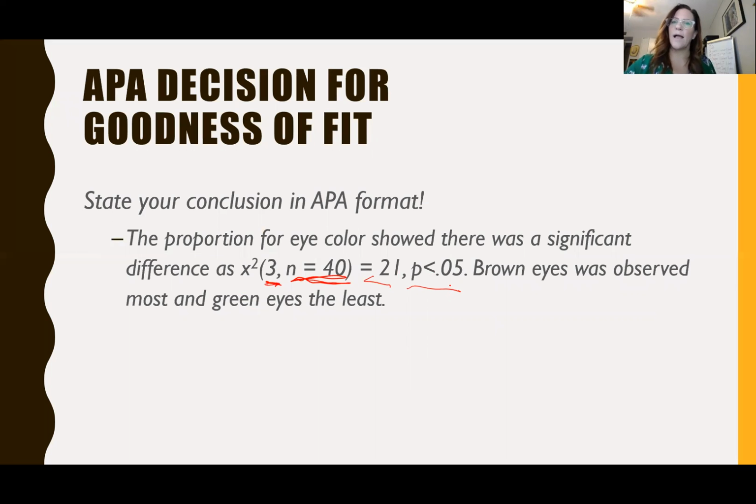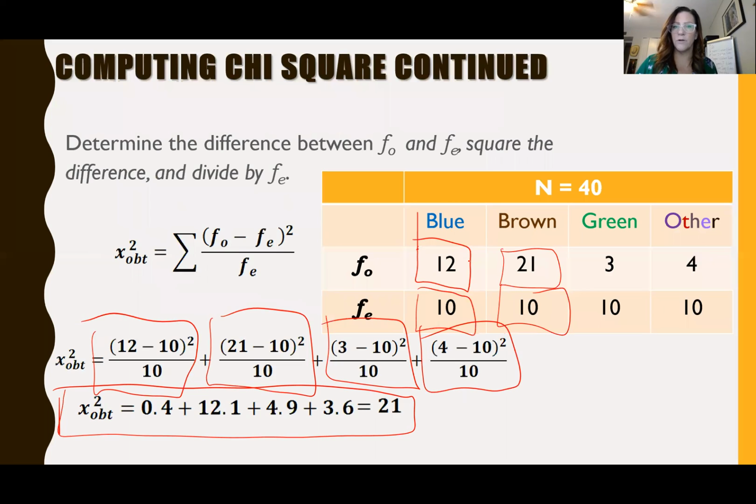This is where I add a little follow-up sentence. Instead of calculating an effect size, I just say what was going on. If you look back at blue eyes, brown eyes, green eyes, other, you could see that brown eyes were observed the most, 21, and green eyes were observed the least.